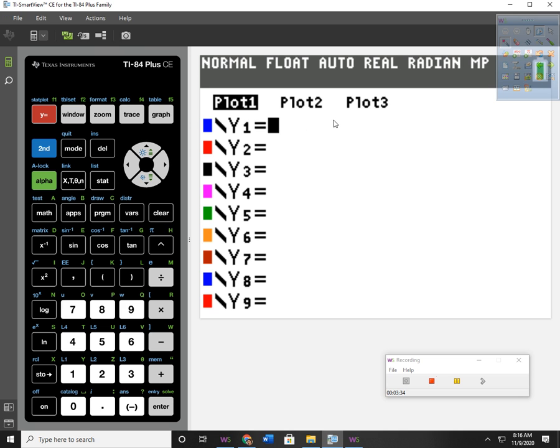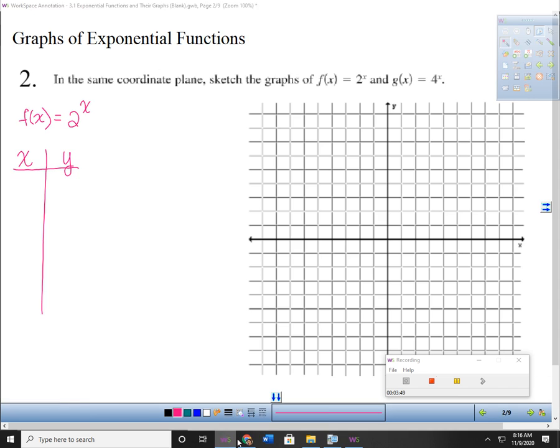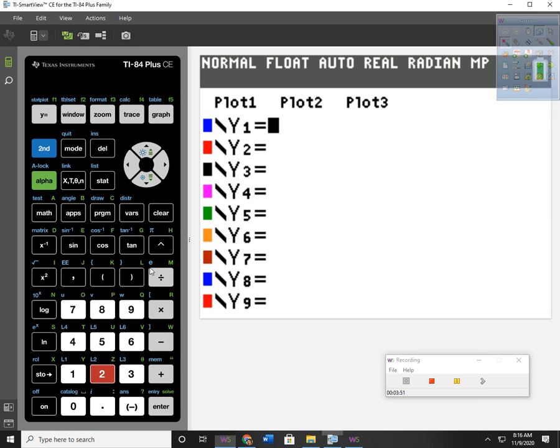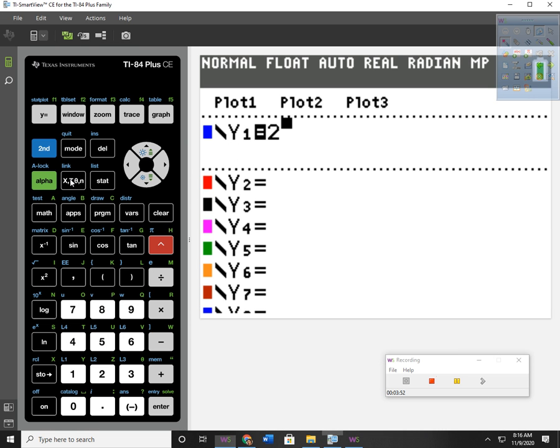So if you have an equation here, take that out. But also we've turned on our plot because we plotted some points the other day, so we need to go up and turn that off because we don't really care. Okay? And I'm going to put that equation in, which was 2 to the x. So 2 to the, and then remember your x is right here next to the green button.